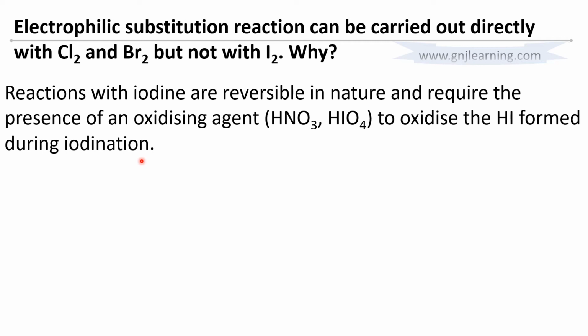During iodination, HI will be formed. If acids like HNO3 and iodic acid are there, they will take away the HI. If they can take it away, then fine, you can use iodine. But you cannot use iodine directly without them. So you should have some oxidizing agents like HNO3 or iodic acid if you want to use iodine.